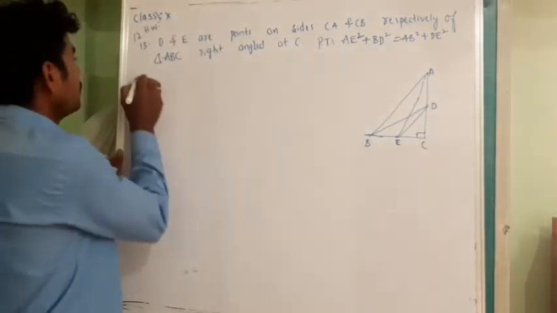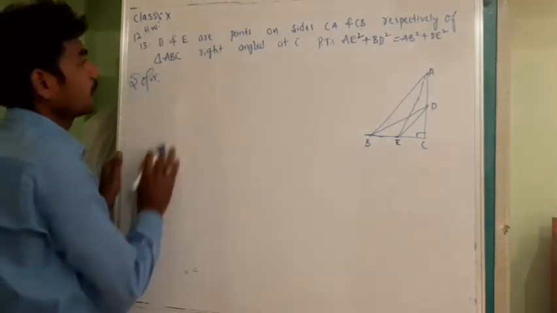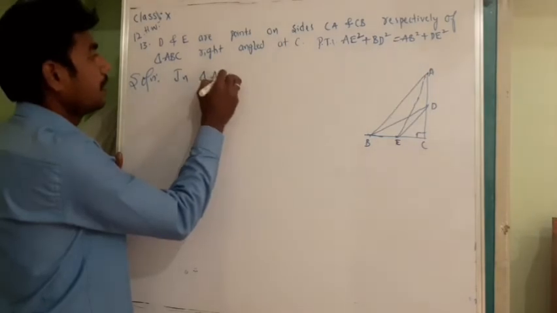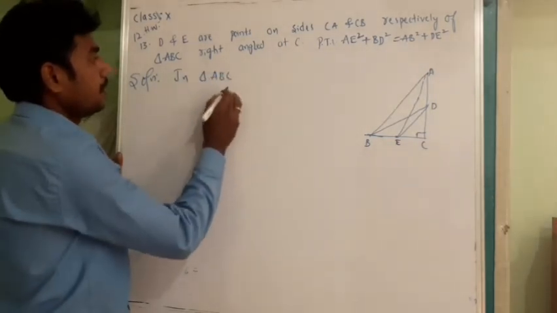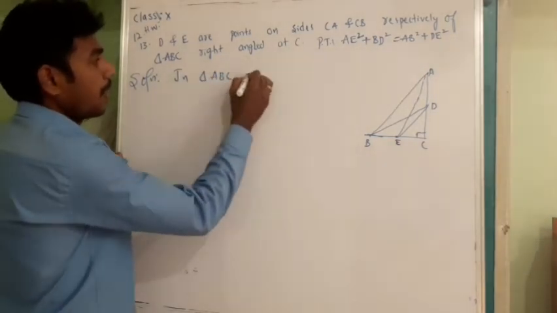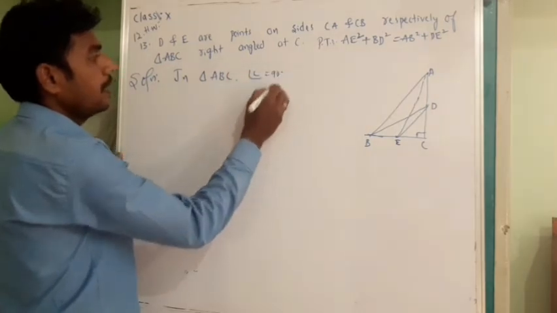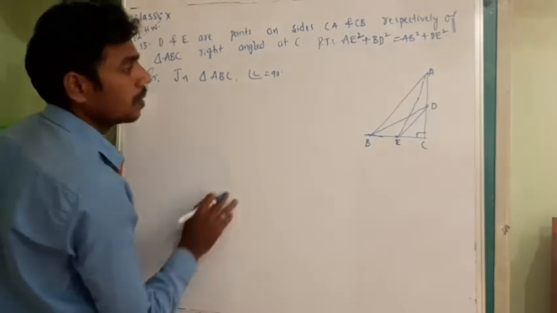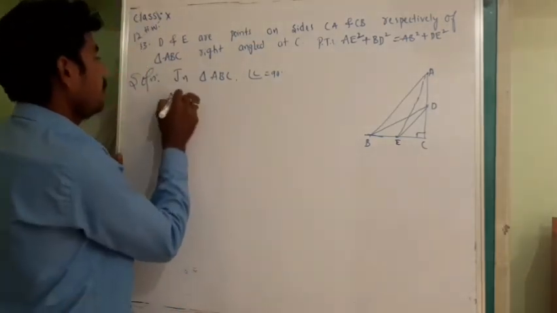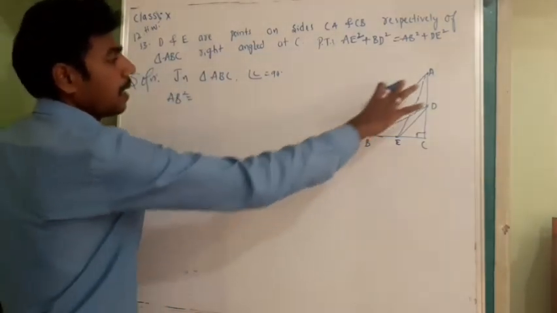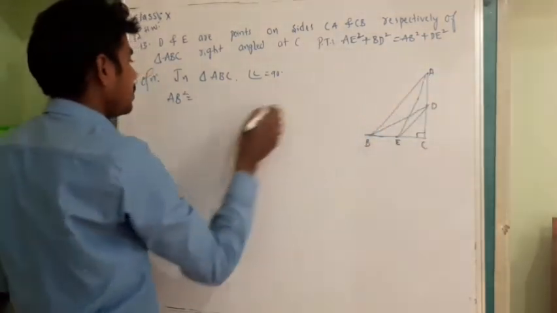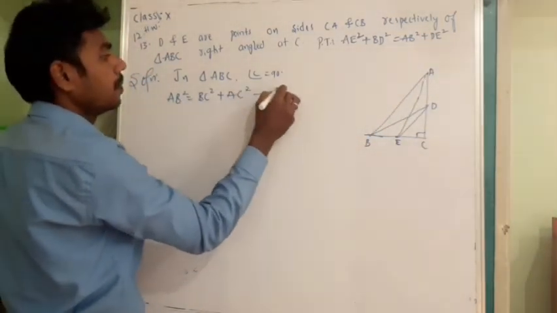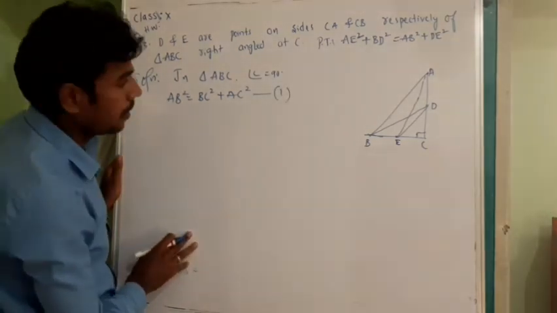Okay. Solution. So in triangle ABC, angle C is equal to 90 degrees. What can I write? AB square is equal to BC square plus AC square. I'll call it 1.